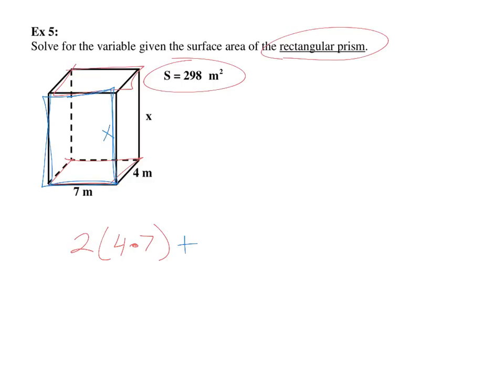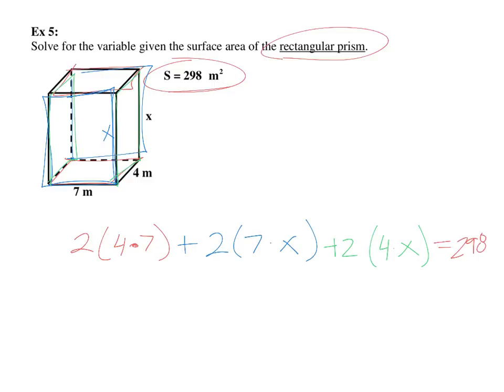So that's 2 times 7 times x. These 2 faces are the same, front and back. Then I have plus 2 times, I have the left and the right. That's going to be 2 times 4 times x. Left and right are the same. And that's equal to, they told me it's equal to 298.